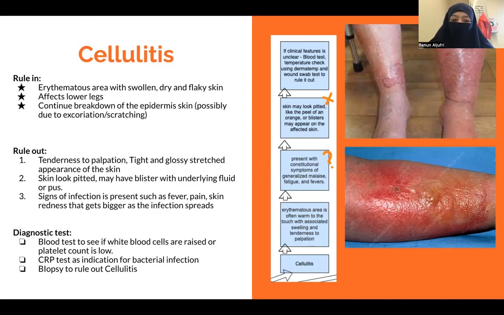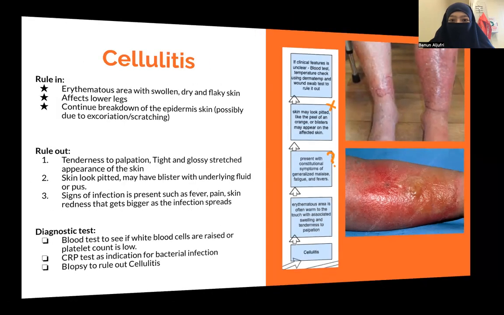Skin looks pitted, may have blisters with underlying fluid or pus. Signs of infection are present, such as fever, pain, skin redness that gets bigger and bigger, which is still questioned because the patient did not mention that. Diagnostic test is a blood test to see if the white blood cells are raised or platelet count is low. CRP test as indication for bacterial infection, and biopsy to rule out cellulitis.